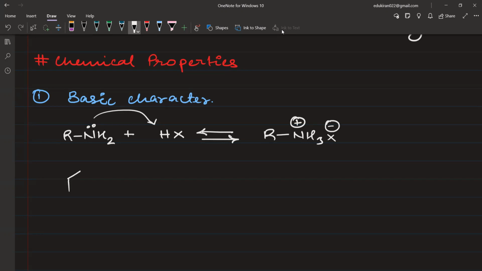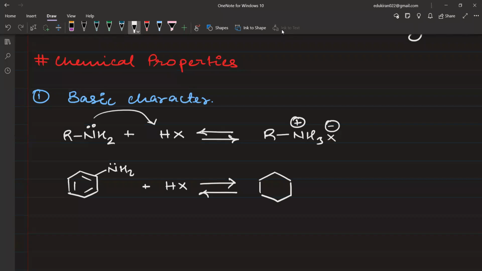Similarly, we can also have the lone pair of NH2 plus HX giving NH3 positive and X negative.